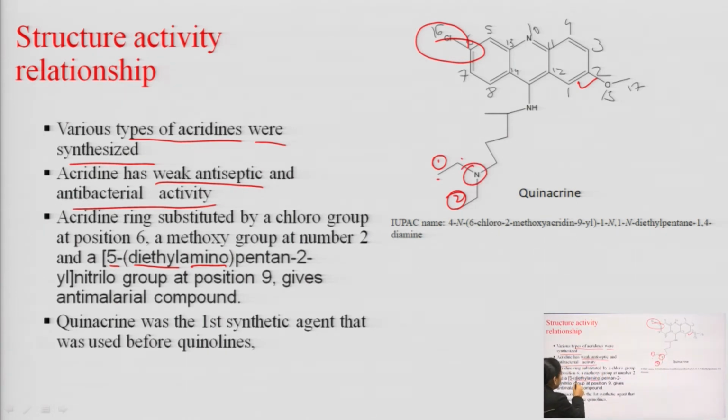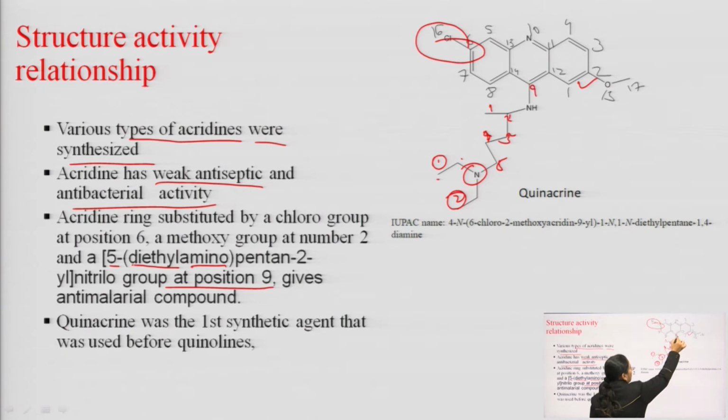So at the 5th position it is substituted by diethylaminopentane. It is a pentan-2-yl nitrilo group at position 9, and this substitution of 5-diethylaminopentan-2-yl gives the antimalarial compounds.